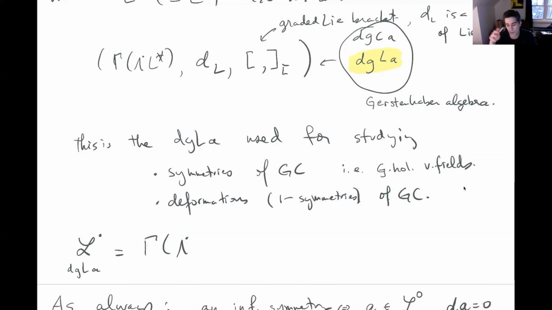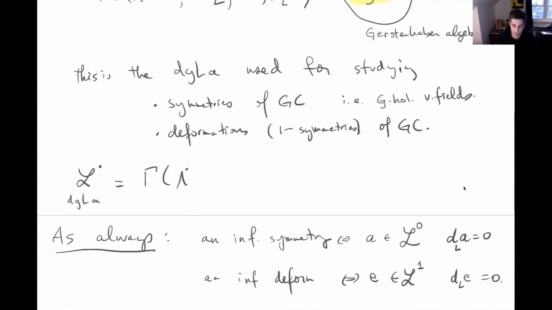Among the multi-vector fields, the ones that actually form a Lie algebra are the vector fields, which means that they're the degree 1 part of the polyvector fields. And so degree 1 is really degree 0, because that's the thing that's a genuine Lie algebra. And everything else is a graded Lie algebra. So you really need to subtract 1 here.